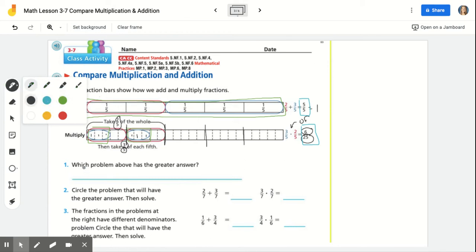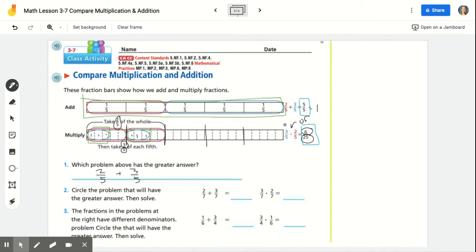Yeah, addition. So 2/5 plus 3/5 does in fact give us the greater answer. And we know that one whole is definitely larger than 6/25. And again, we're looking for patterns.